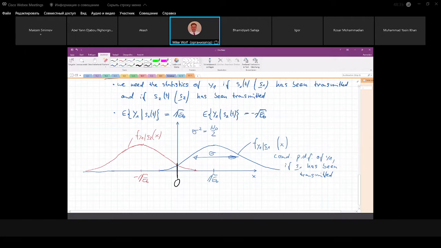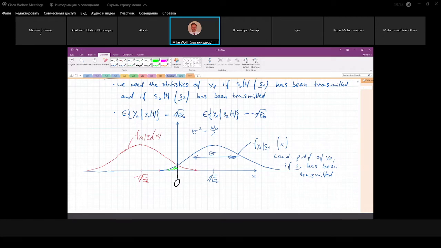Any amplitude x on the right-hand side of y1 is said to belong to S1. If S1 has been transmitted and we receive an amplitude lower than 0, we get a transmission error, a bit error. So this area here is the probability that a transmitted 1 is wrongly detected as a 0.